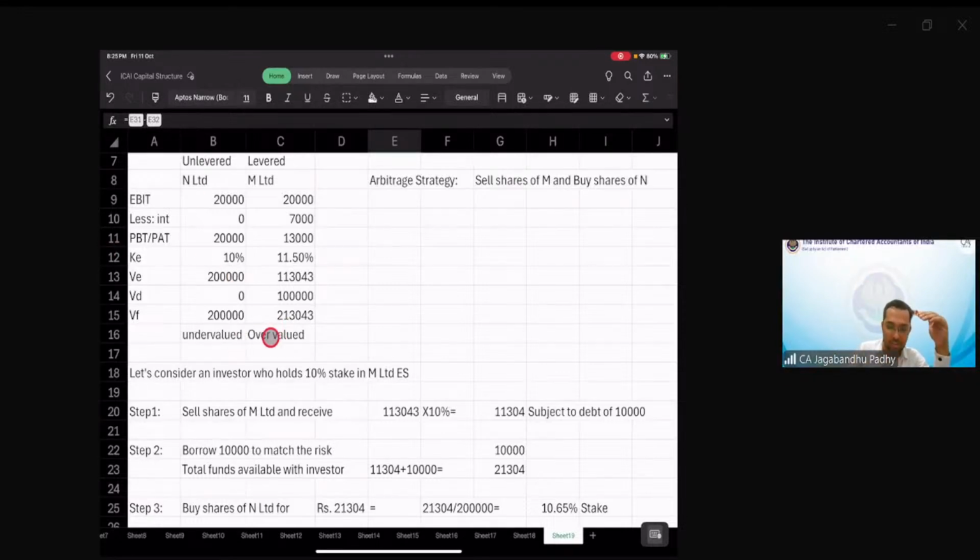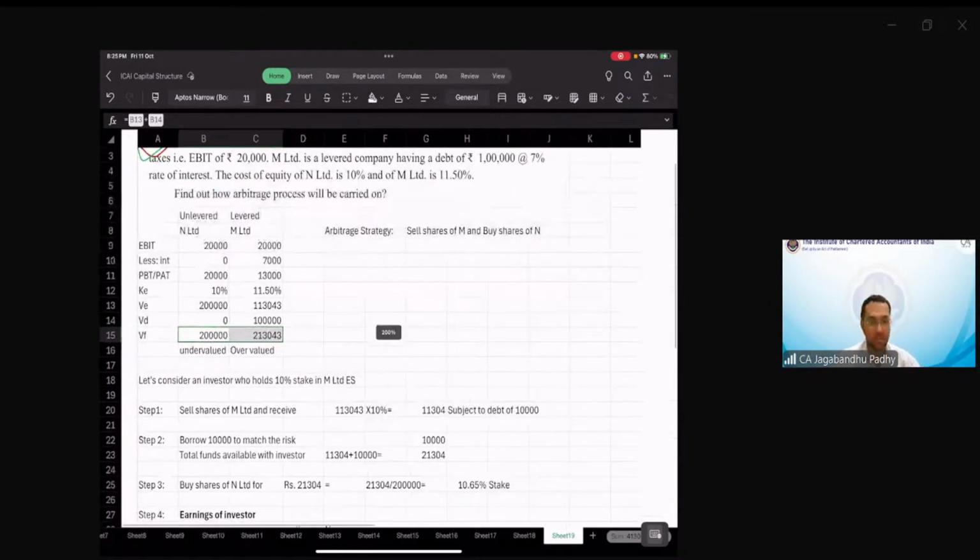So this overvaluation, undervaluation concept will go away and they will balance each other, and the value of the firms will remain the same irrespective of whatever the capital structure, because once the value of both companies are equal, there won't be any arbitrage opportunity. Okay, so that is this MM model of arbitrage.